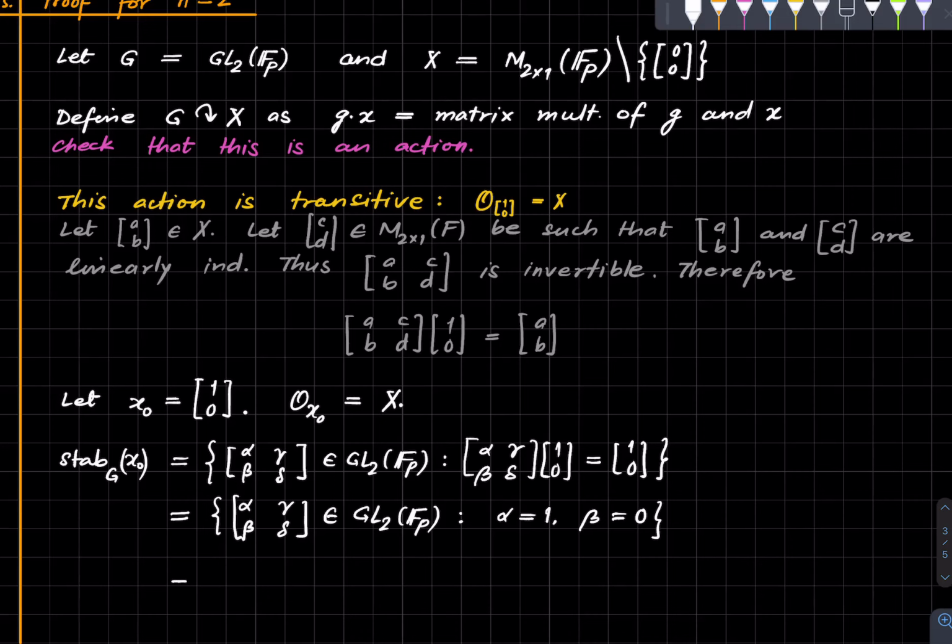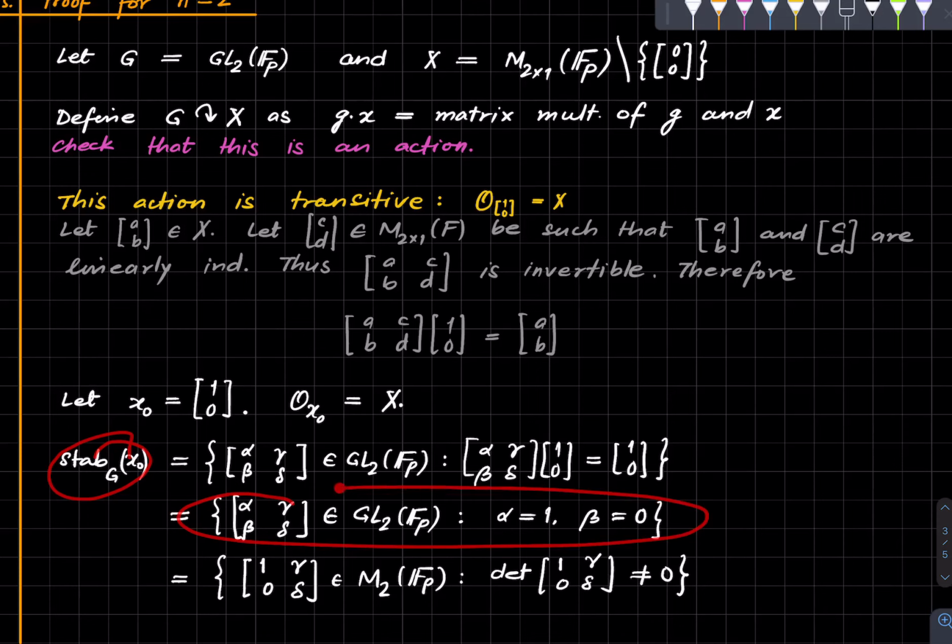So this is equal to those 2 cross 2 matrices over F_p such that the determinant of this is non-zero. So the stabilizer is all those 2 cross 2 invertible matrices over F_p such that this condition holds.